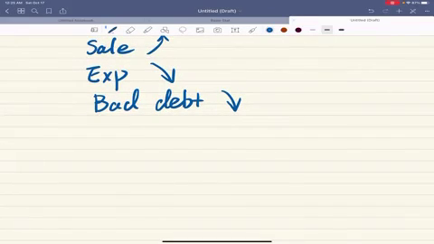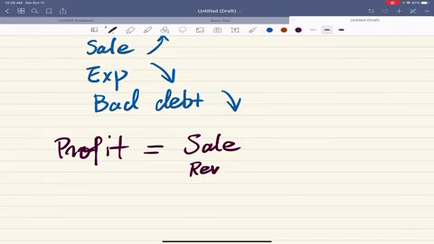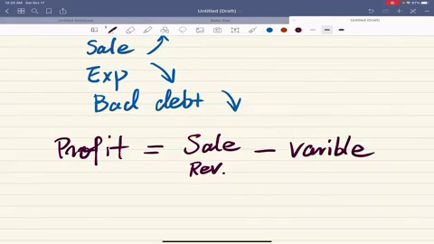Let's look at how to calculate the profit. First of all, we have the profit. Profit relevant to the sales revenue management is the sales revenue minus variable cost, which is the cost of producing the product, every cost based on the units of the products, and minus expense.